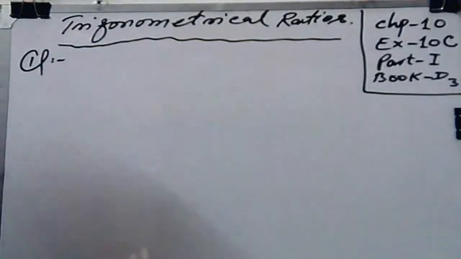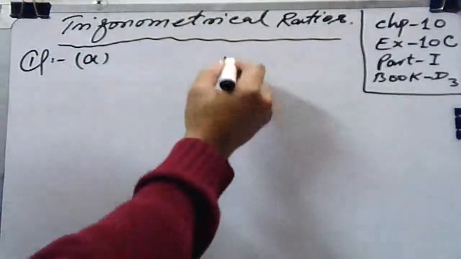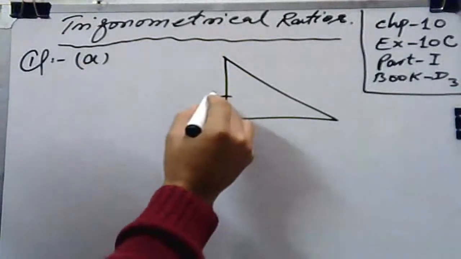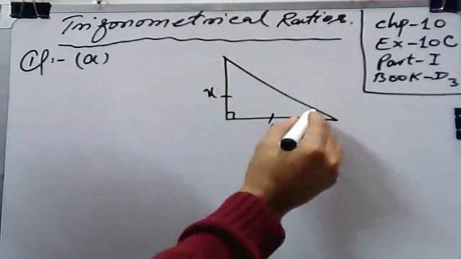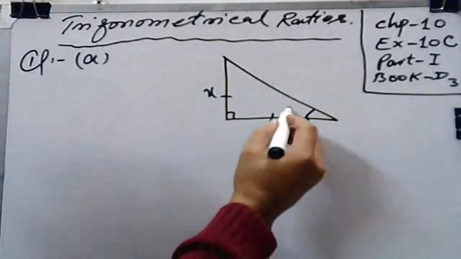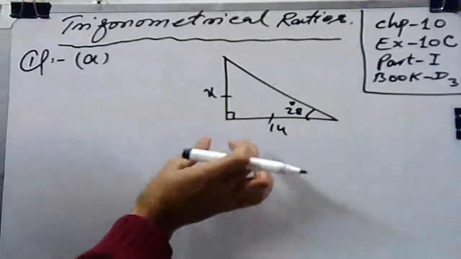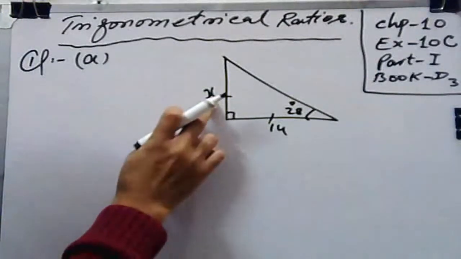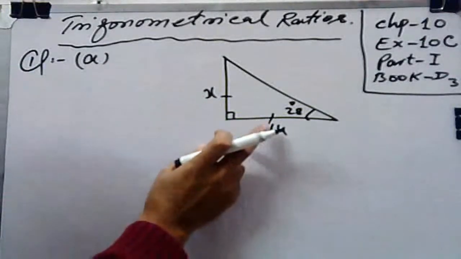So the given figure is in A part, you can see here, that is your given figure. In this figure, this side is x and this side is 14 and the angle is 28 degree. So we have to find the value of x. It means one is the known side and the other is the unknown side.